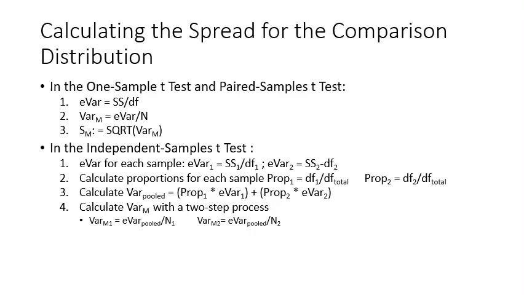We're going to calculate var for sample 1 by taking the pooled variance divided by n1, pooled variance divided by n2, and then we're going to take the combination of those two. We already did our dividing up here. And then finally, we're going to get our standard deviation by taking the square root of var, just like before.